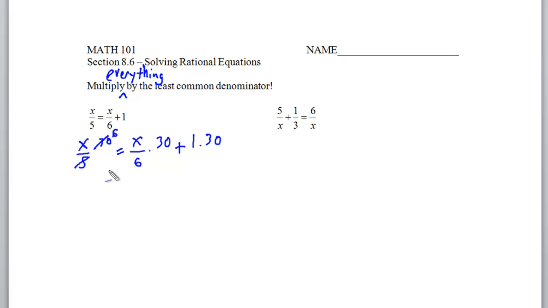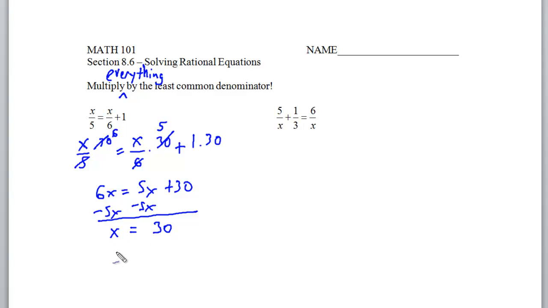That would make 6, so this is 6x, and then 30 divided by 6 is 5, which would make 5x, and 30 isn't divided by anything, so 30 times 1 is 30. So if I subtract 5x from both sides, I get the answer of 1x is equal to 30, or just x is equal to 30.